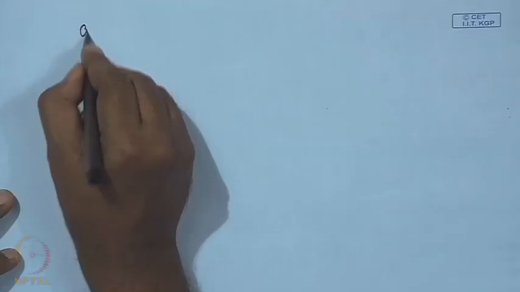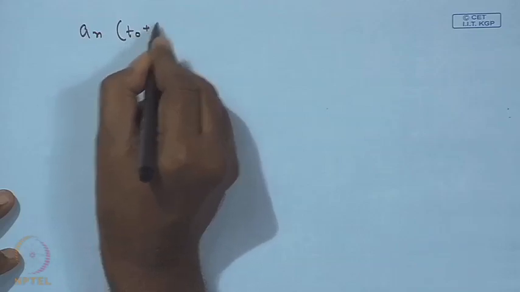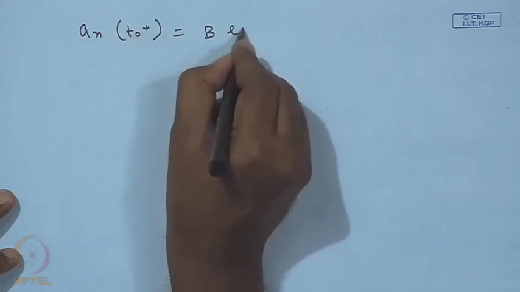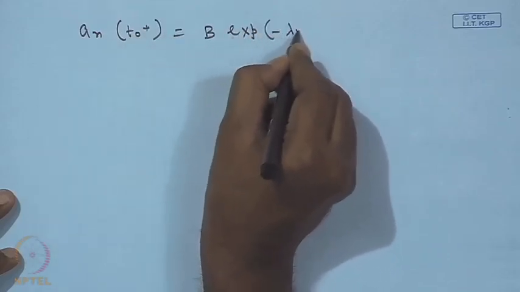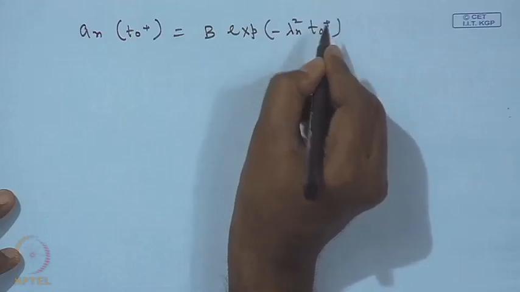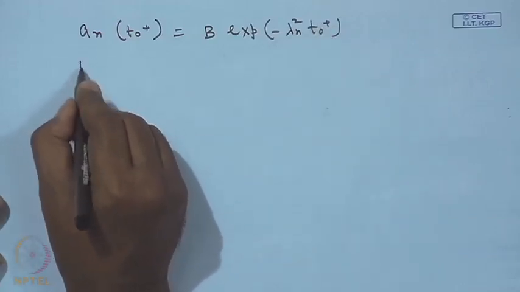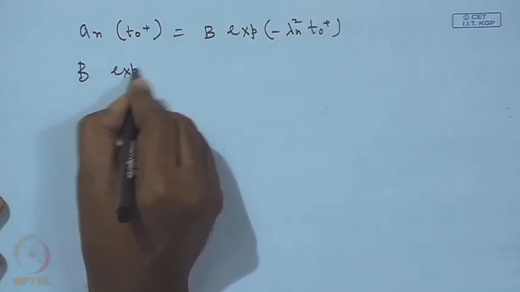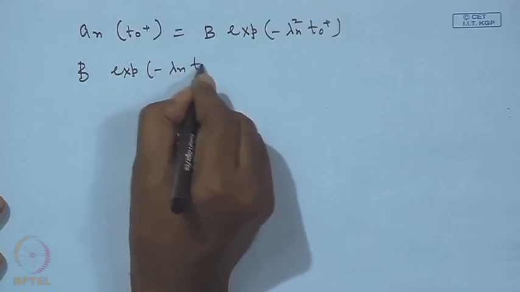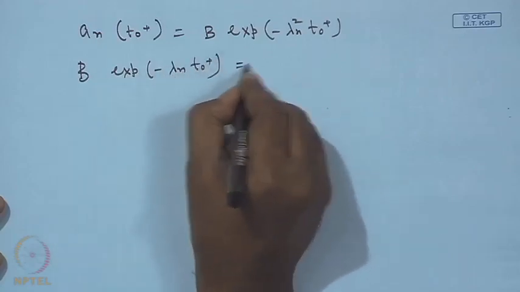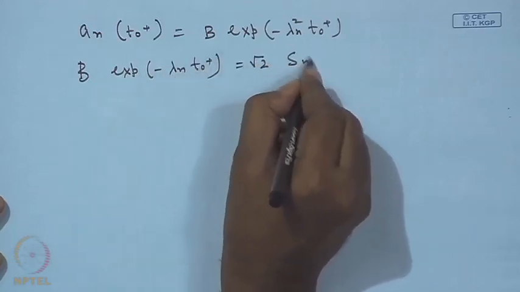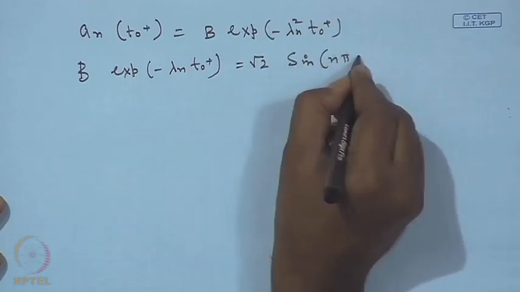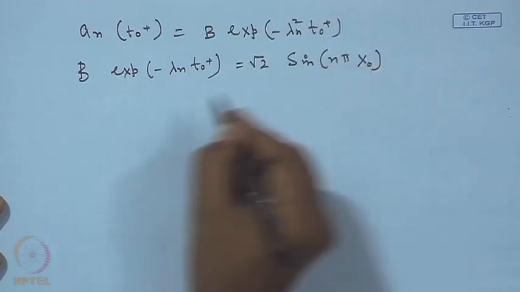By combining these two equations, we will get A n t 0 plus is equal to b exponential minus lambda n square t 0 plus. So, b exponential minus lambda n square t 0 plus is equal to root over 2 sin n pi x naught.